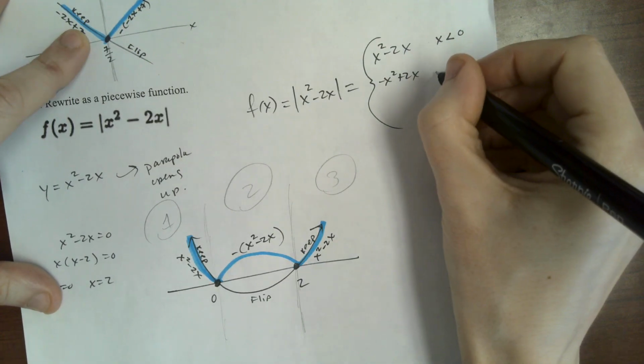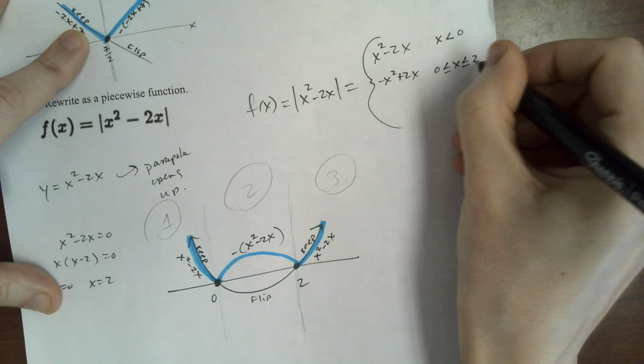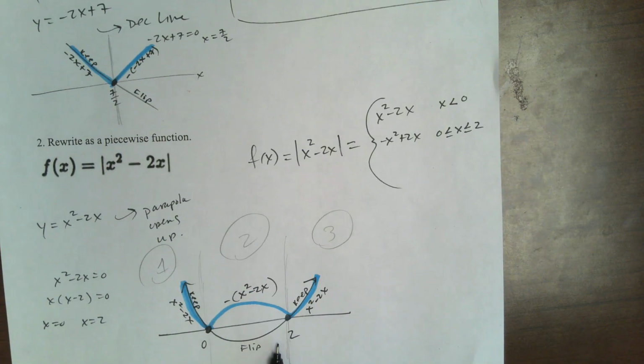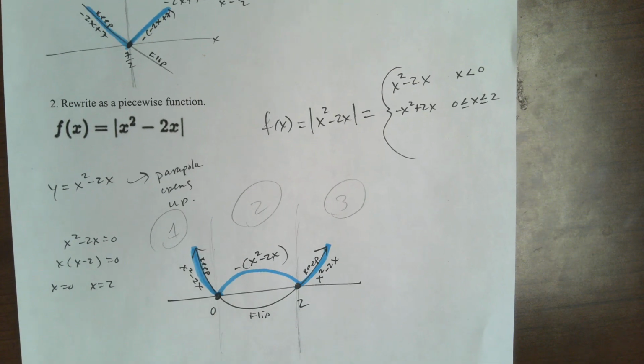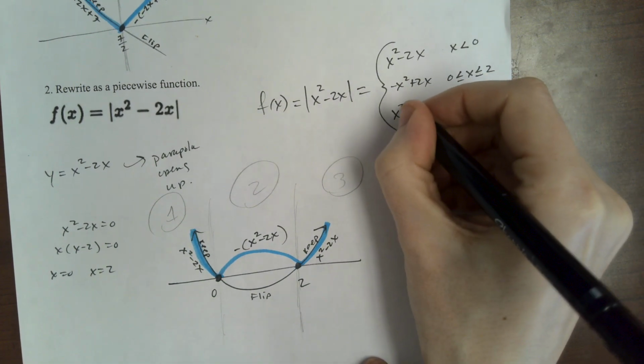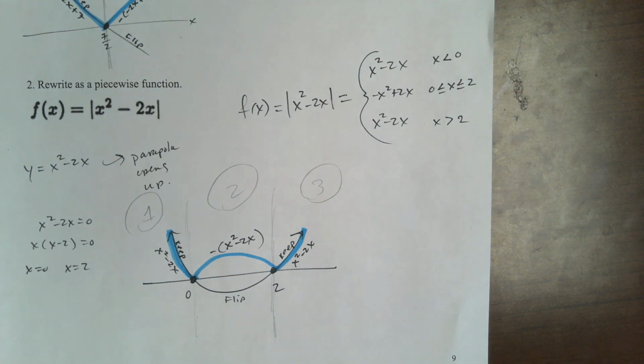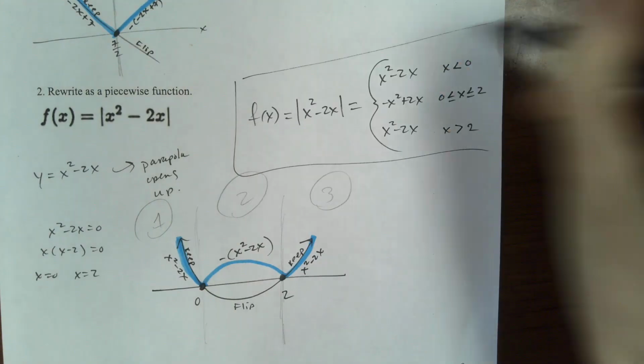That is for 0 less than or equal to x less than or equal to 2. That's how you describe this middle section with an inequality. And then the last one is for x greater than 2. Alrighty, so there it is.